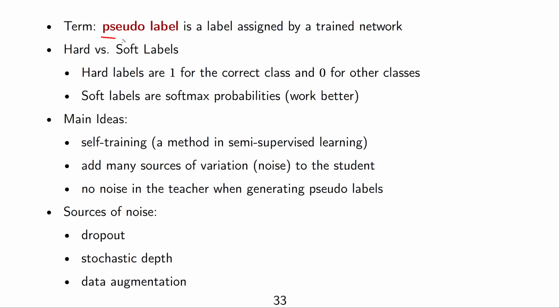So we'll introduce this term pseudolabel here, and this is a label assigned by a trained network. So assigned by a teacher network. Then there's a difference between hard and soft labels. A hard label is 1 for the correct class and 0 for the other classes. And soft labels are softmax probabilities.